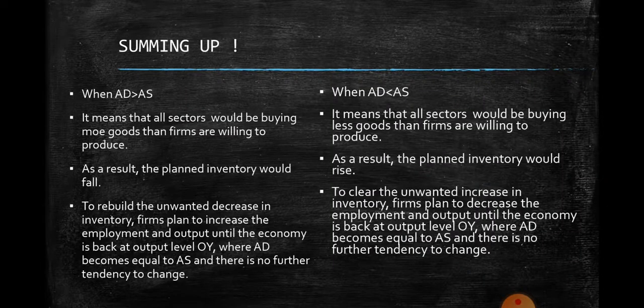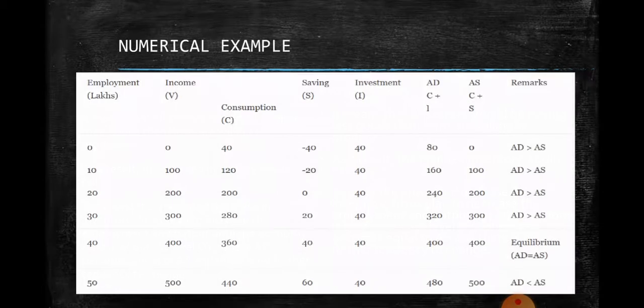Thus, summing up, when AD is more than or less than AS, then adjustment mechanism takes place in the economy, and then economy is back to the equilibrium level where AD and AS are always equal. This can be seen with the numerical example here.